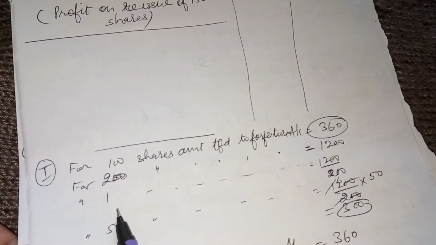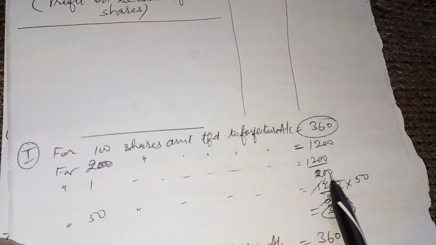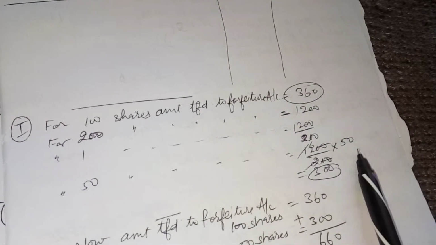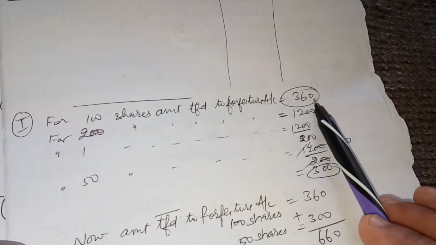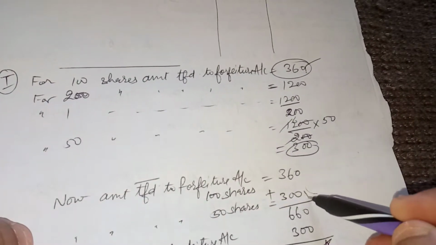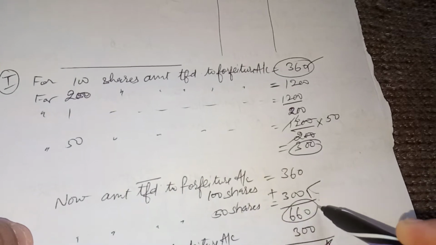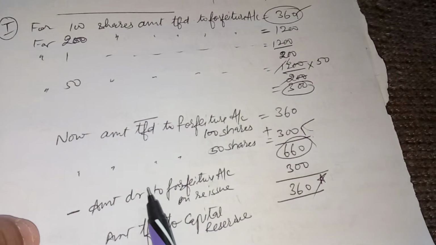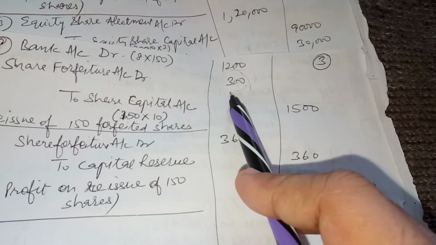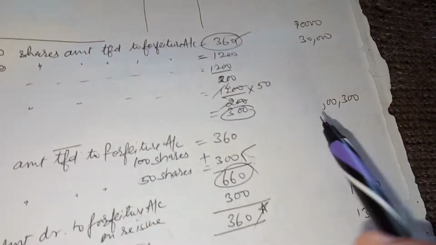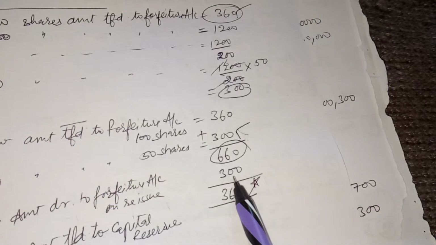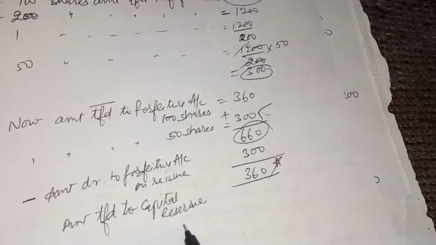For one share, the amount will be 1200 divided by 200, and for 50 shares, the amount will be rupees 300. So 360 of 100 shares plus 300 of 50 shares, total amount comes out to be 660, out of which the amount debited on the reissue is rupees 300. So subtract it, and the balance of rupees 360 will be transferred to capital reserve account.